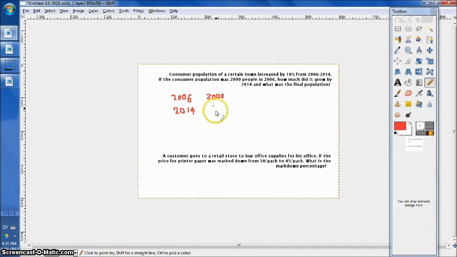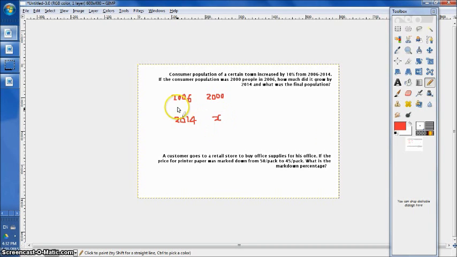In 2014, I don't know what the population is, so I'm going to write it down as x. It says it increased by 10%.